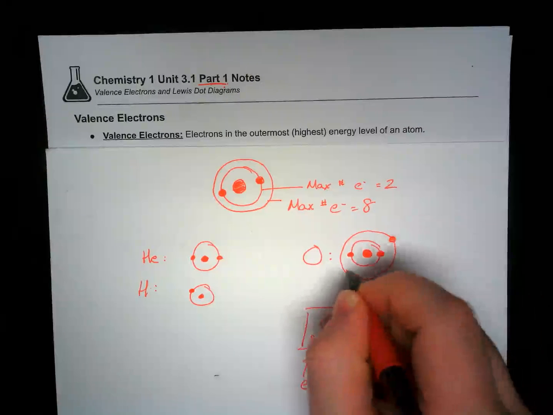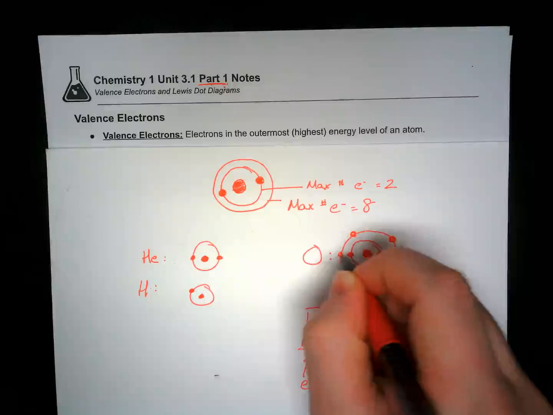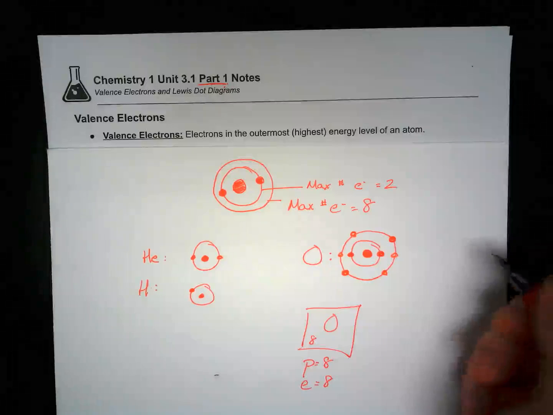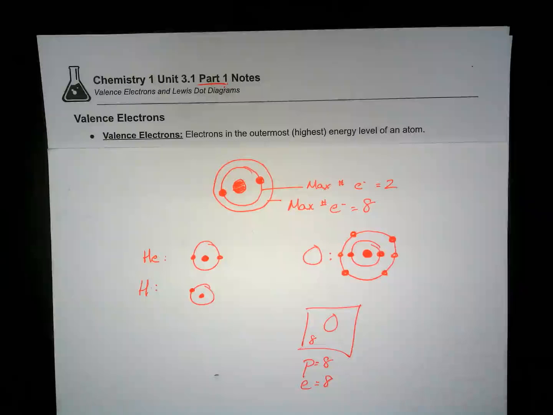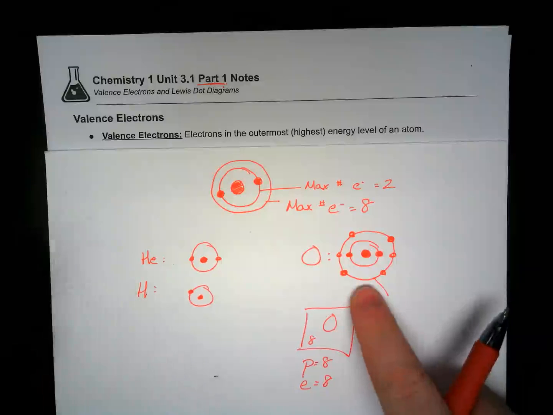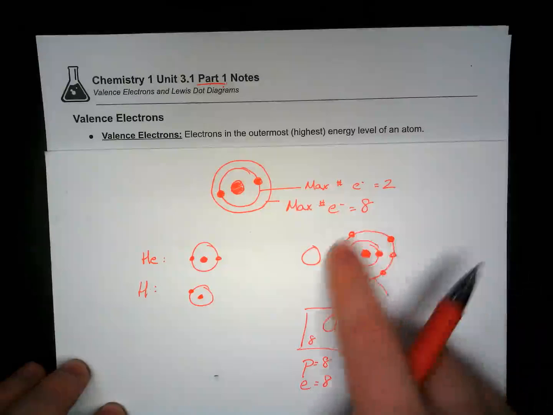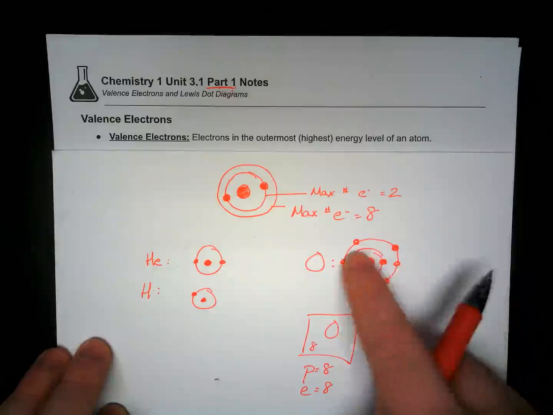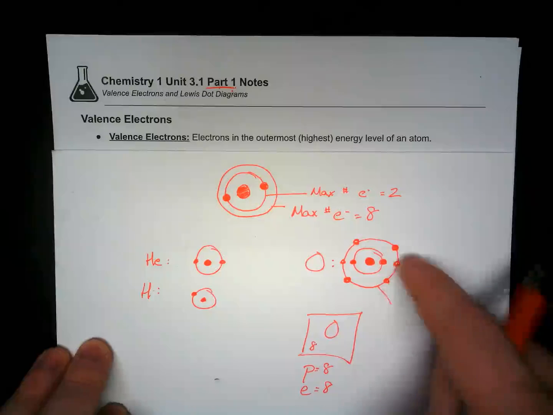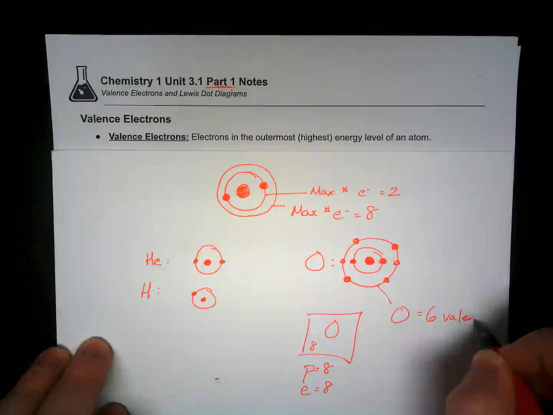So 1, 2, 3, 4, 5, 6. This is what we're talking about when we're talking about valence electrons. Because that's all the electrons oxygen has, we're focusing on this very outer shell. We're not worrying about the inner one, just the outer one. And here we see that oxygen has 6 valence electrons.